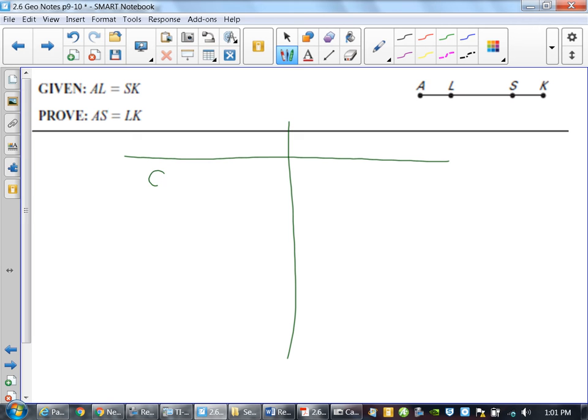So if I write down AL equals SK, what should I do to my diagram? Tick marks? Exactly. Perfect. Little tick marks. I know those two smaller segments equal each other. And then I look at it and go, what am I supposed to do now?